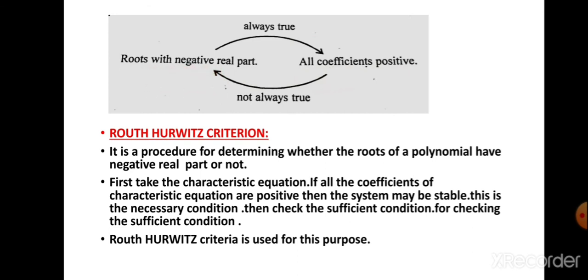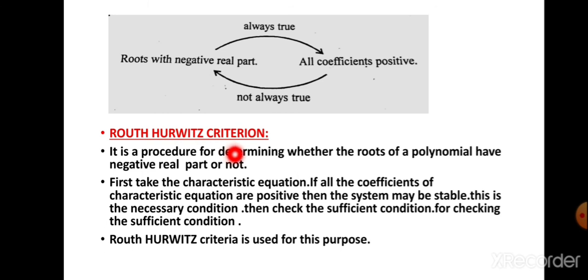There is a criterion called the Hurwitz criterion, which gives the procedure for determining whether the roots of a polynomial have a negative real part or not. The Hurwitz criterion is a procedure for checking the stability of the system.